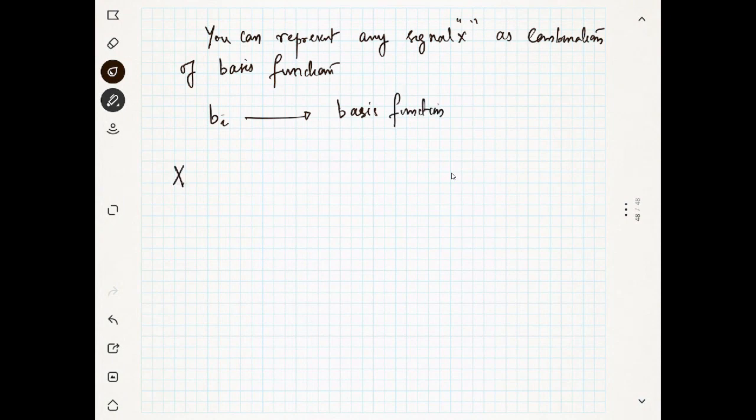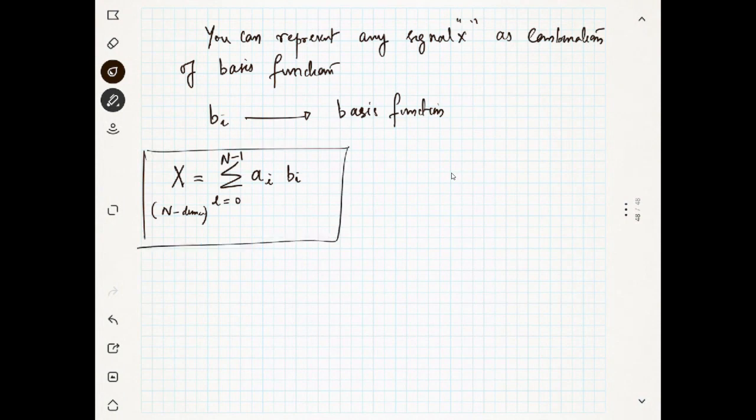So I can represent my signal as the summation of Ai into Bi, where i changes from 0 to 4. In general, if it is n dimensional, then it is n minus 1. Do you agree with me in this regard?